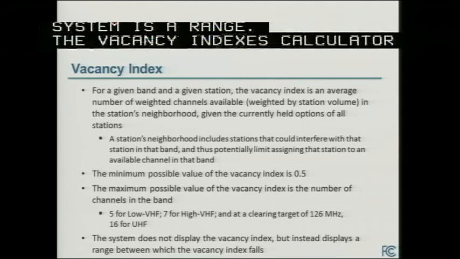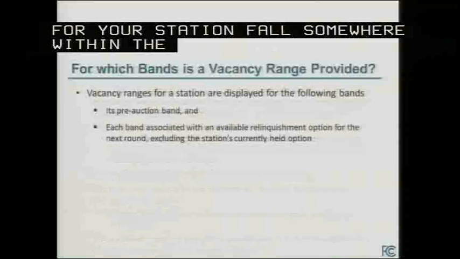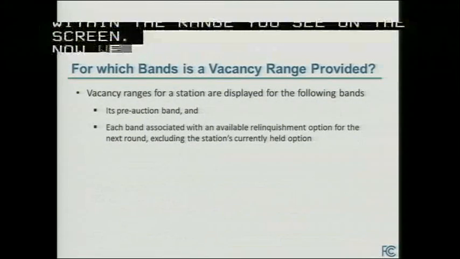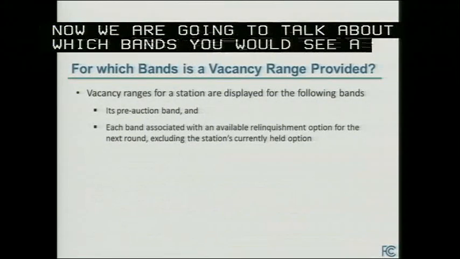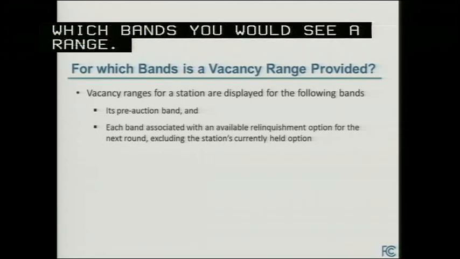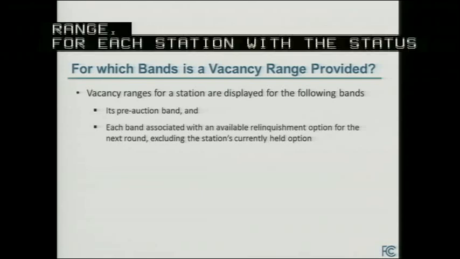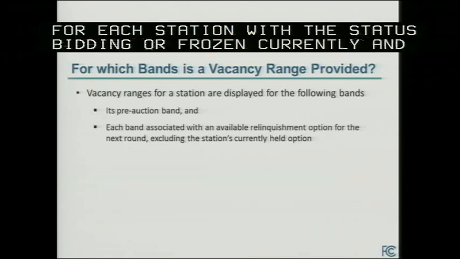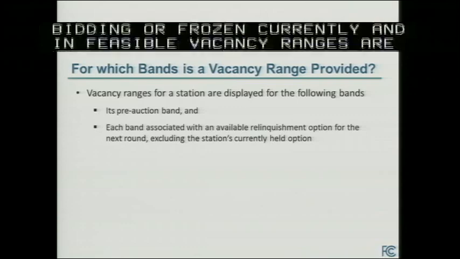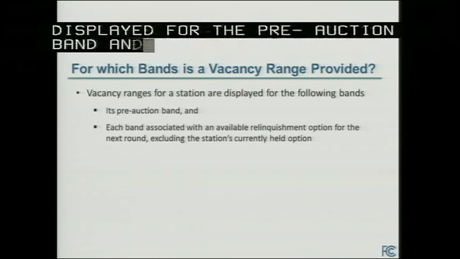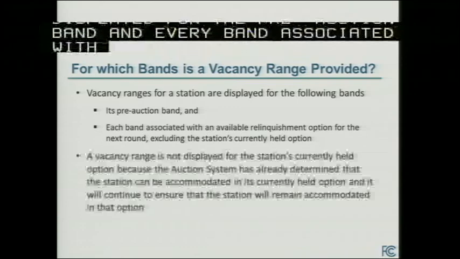And now we're going to talk about for which bands you would see a range. For each station with the status bidding or frozen currently infeasible, vacancy ranges are displayed for the station's pre-auction band and for every band associated with an available relinquishment option for that station in the next round, excluding the currently held option.